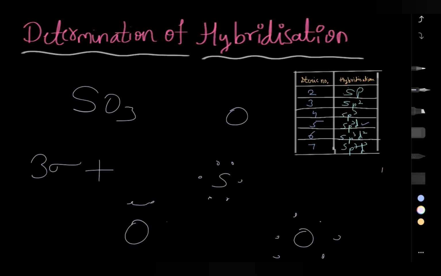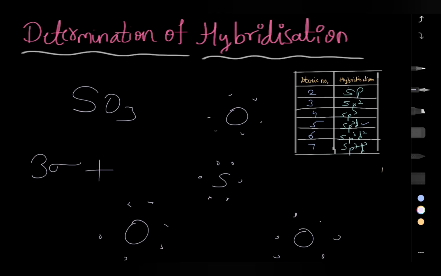So sulfur has an expanded octet. It means that it can expand its valency. It can reach 12 also. So due to that it forms very good bonds with other atoms.